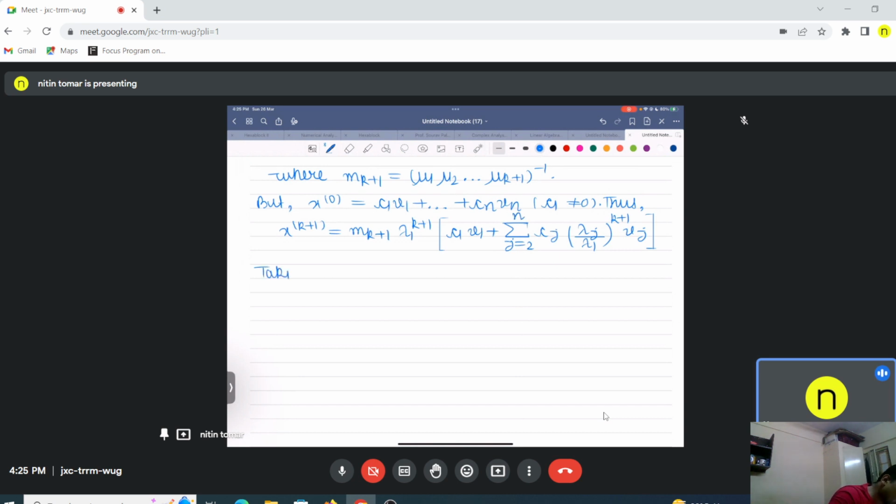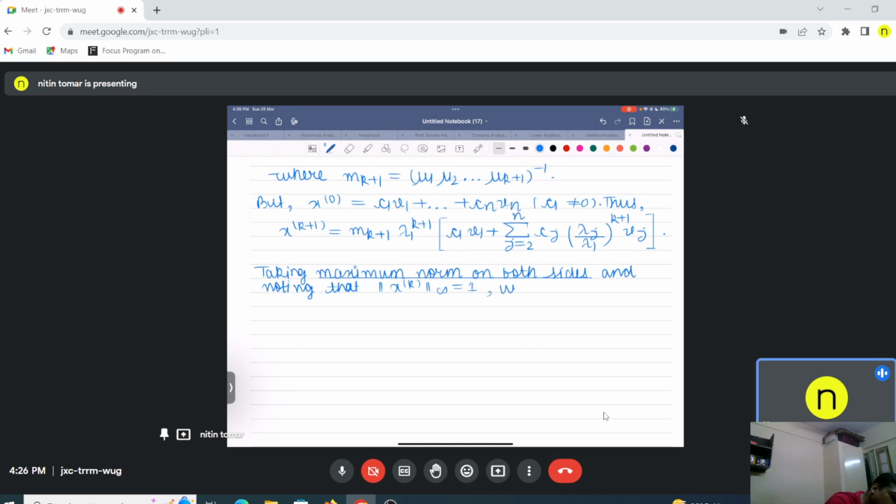Now if you take the maximum norm on both sides, and note that the way we have chosen xk, the supremum norm of xk is 1. This follows from the adjusting factor mu.